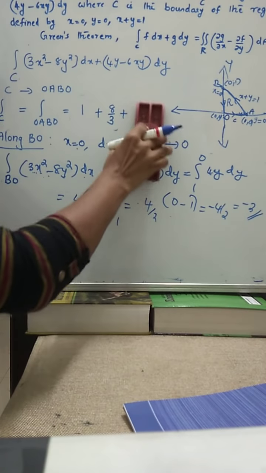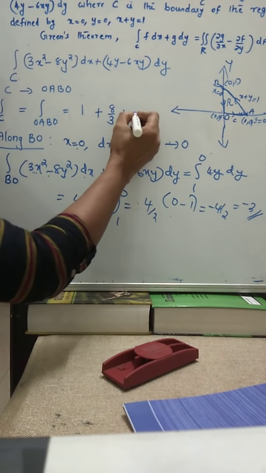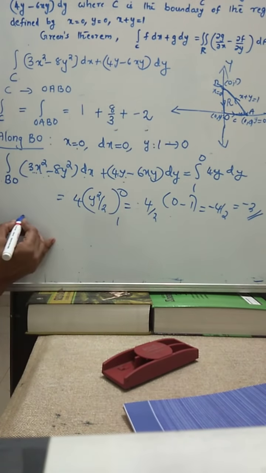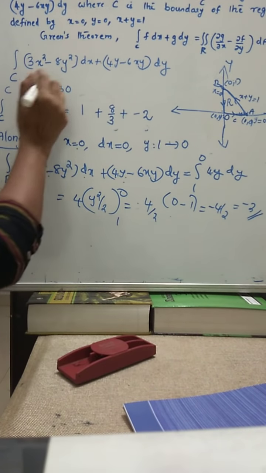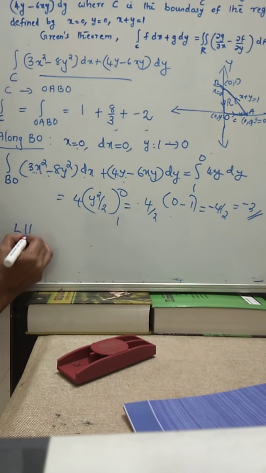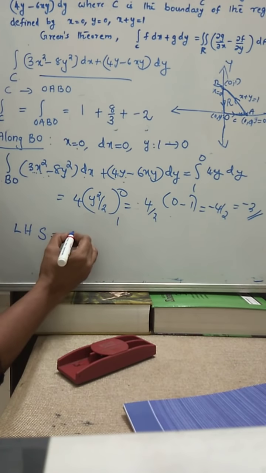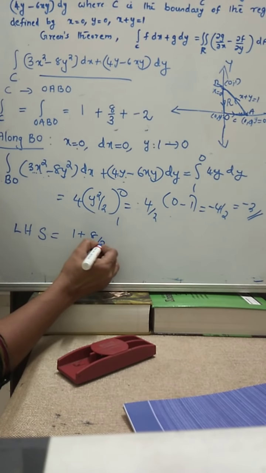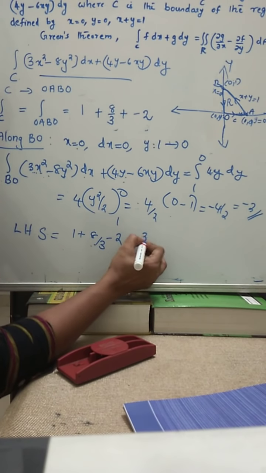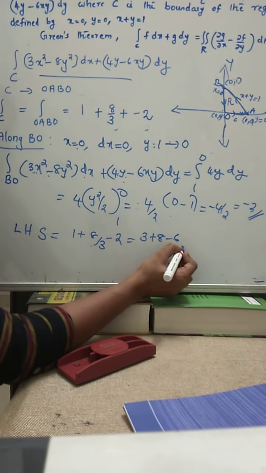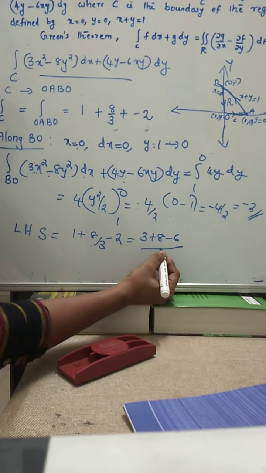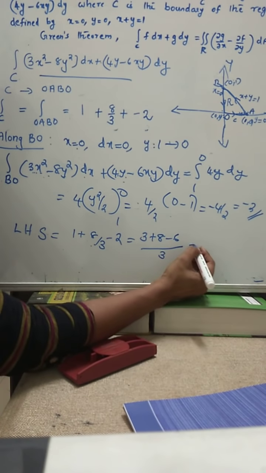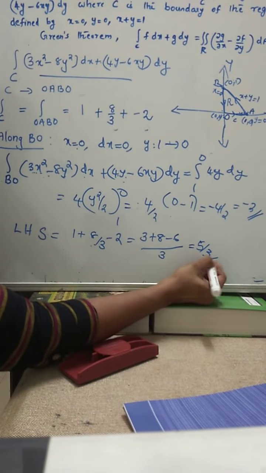So we have the total line integral given by the integral over C of the left hand side. The total integral is 1 + 8/3 − 2, that is (3 + 8 − 6)/3. 8 − 6 is 2, 3 + 2 is 5, and the answer is 5/3.